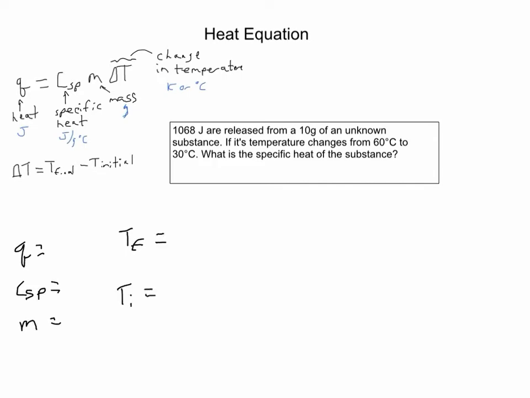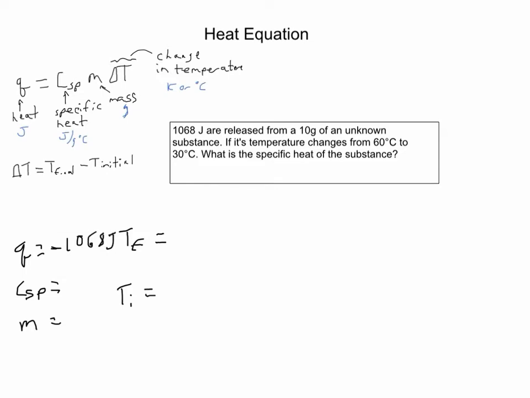Looking at the equation, it says 1,068 joules are released. Well, joules are the unit for Q, heat, and it says it's released. So if this amount of energy is released, the object is losing the energy, so it must be negative. So Q will be negative 1,068 joules. So be careful of that. If our object is releasing energy, it will be negative.